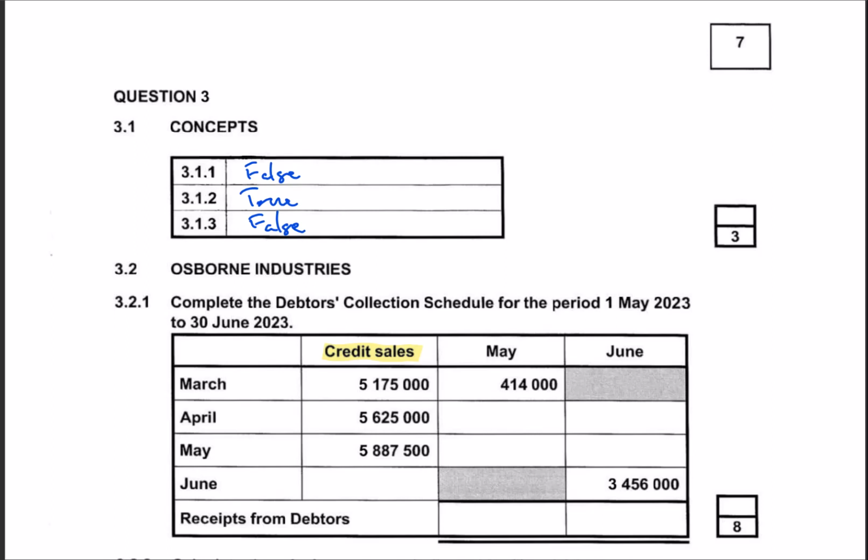So April credit sales, 60% is received in April.